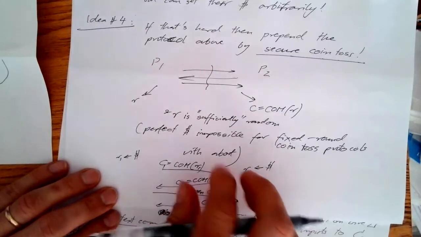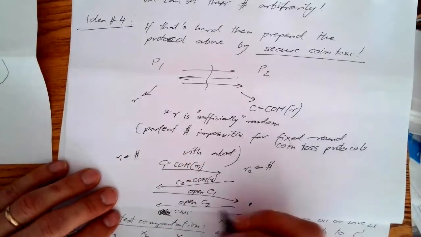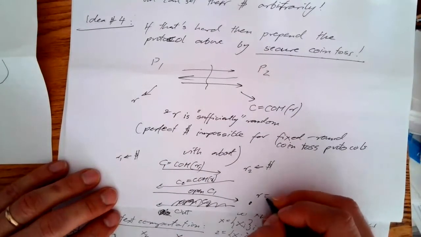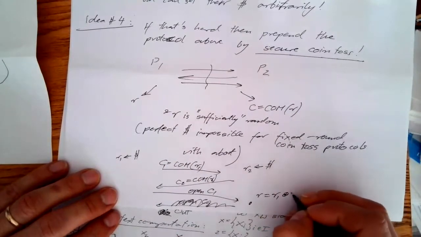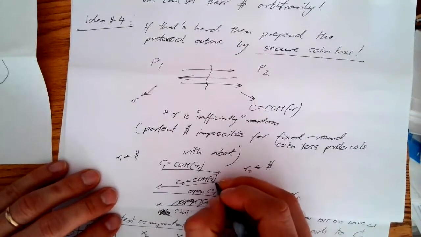Right. If you want randomness only for one party, I guess you have to stop here. Yes. So only this guy will get what the final randomness is, and the randomness is an XOR, let's say. Okay.